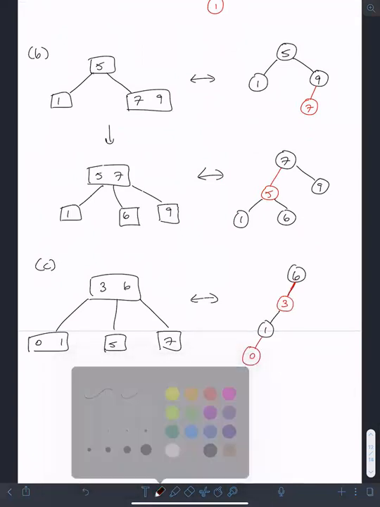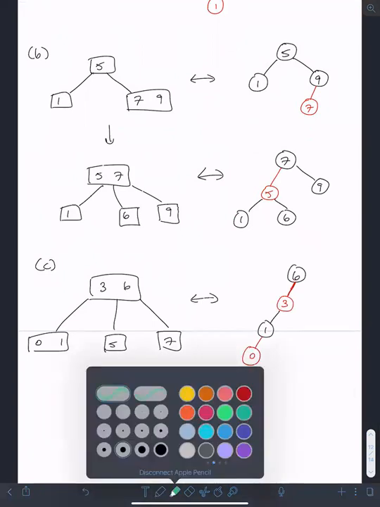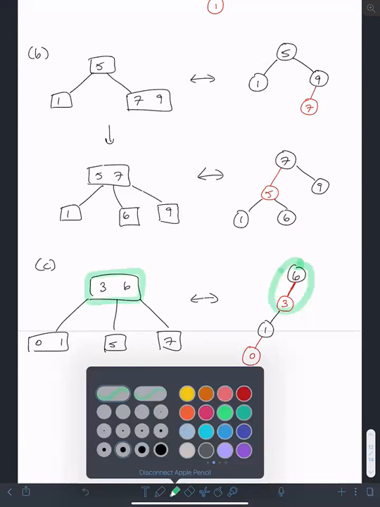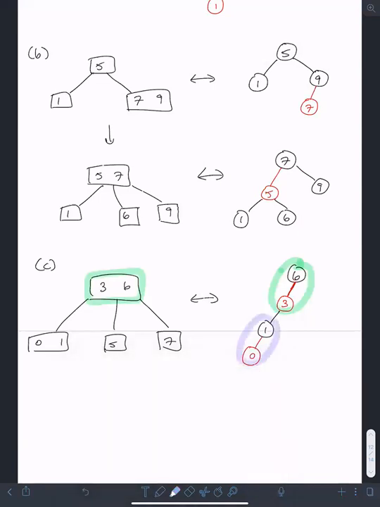Basically this is corresponding to this, and this is corresponding to this. Then we have 5 branching off from 3, and we have 7 branching off from 6.